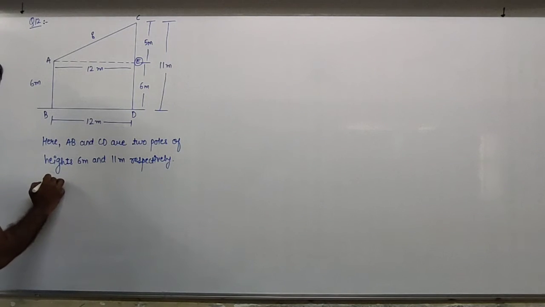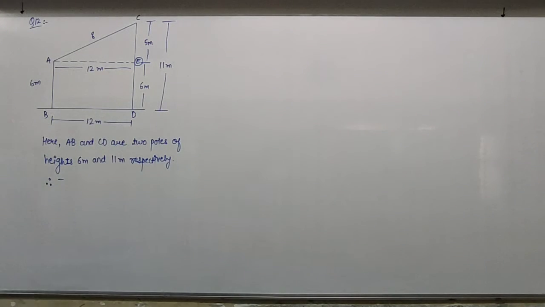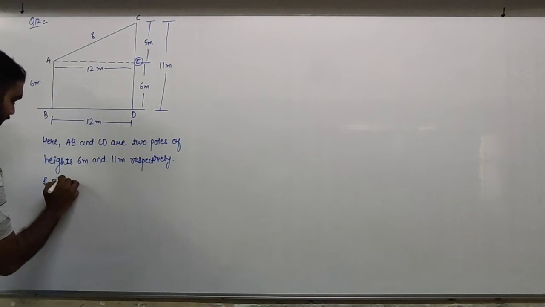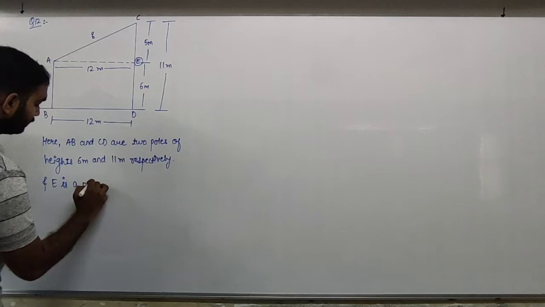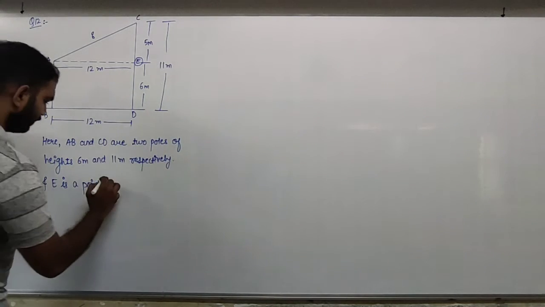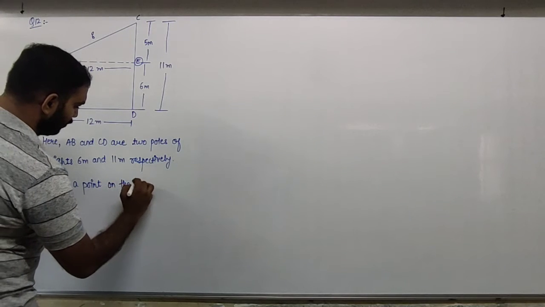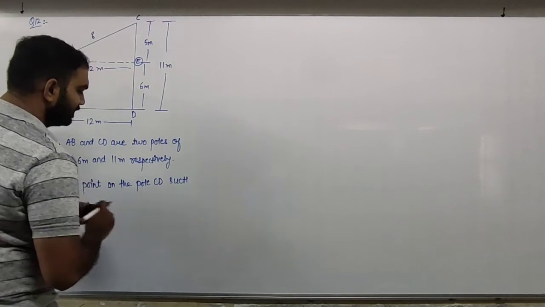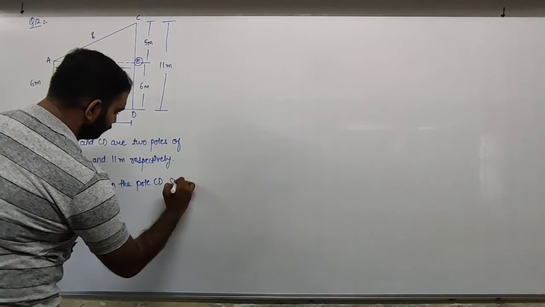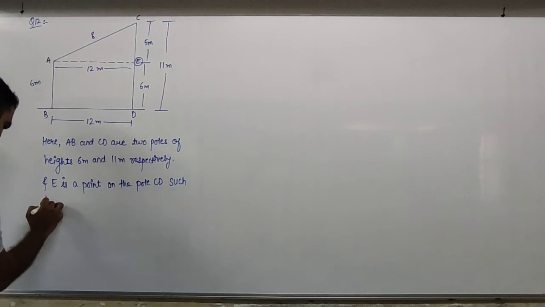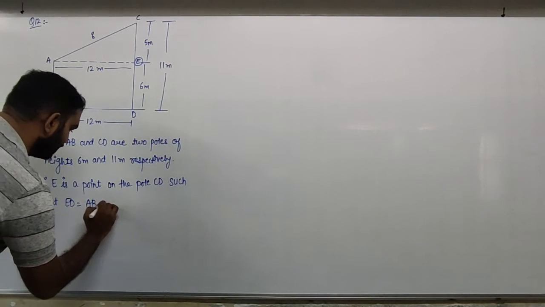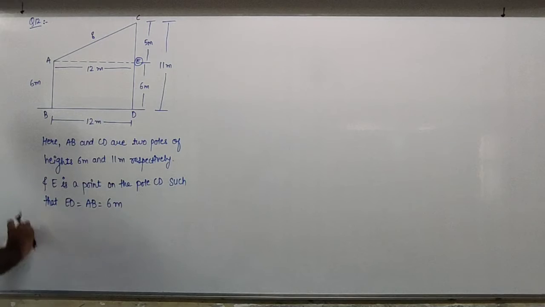And E is a point on the pole CD such that ED equals to AB equals to 6 meters.